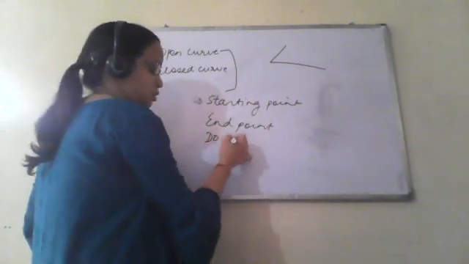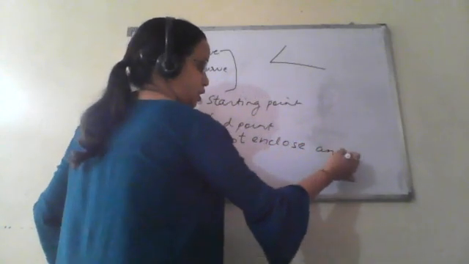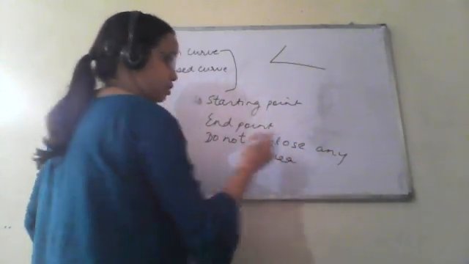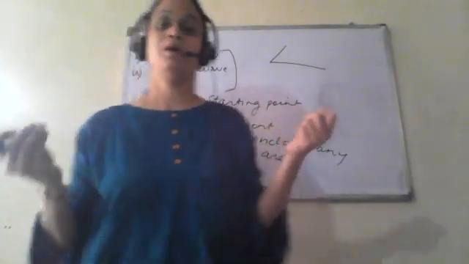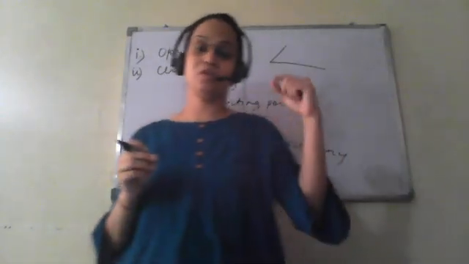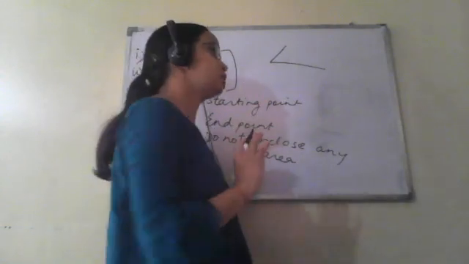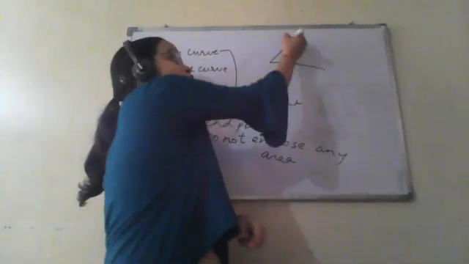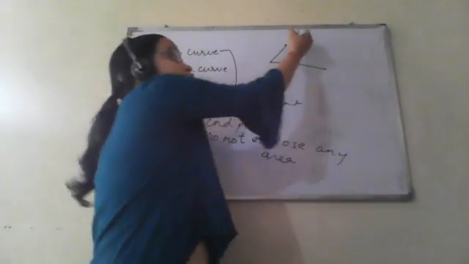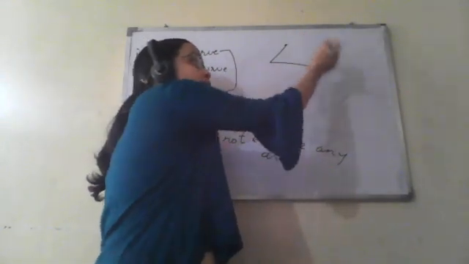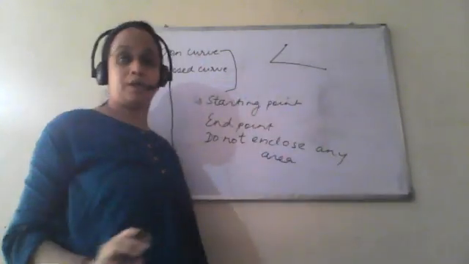As the name suggests, it is something open, so there will be a starting point as well as an end point, and no area is enclosed. Suppose we take this shape: it is an open curve, with a starting point and an end point, and it does not include any area.